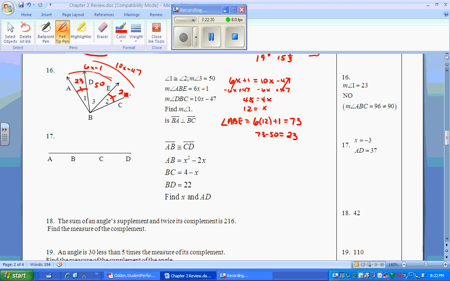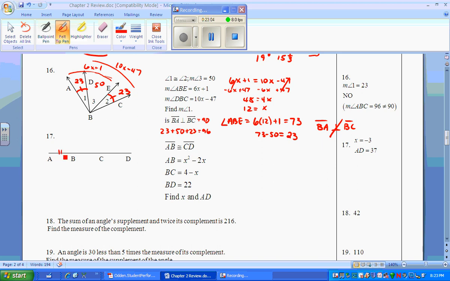So this angle is 23, which means this angle is also 23 because they're congruent. So the measure of angle 1 is 23. Then we want to know, is BA perpendicular to BC? If they are perpendicular, they have to equal 90. You can take 23 plus 50 plus 23, which equals 96. So BA is not perpendicular to BC.